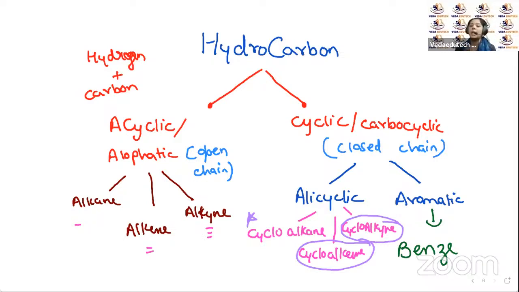We'll start with aromatic and alicyclic. And in alicyclic, we need to study only cycloalkane. Okay. So in aromatic, this is benzene.